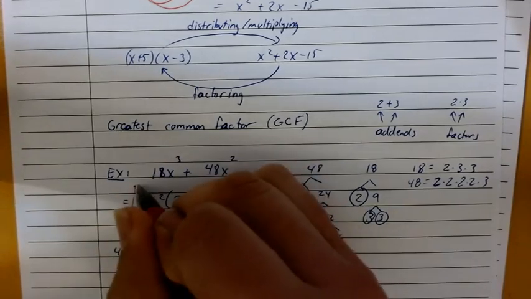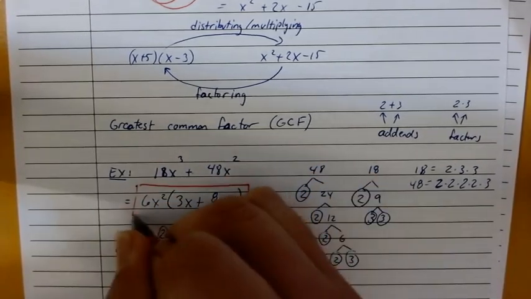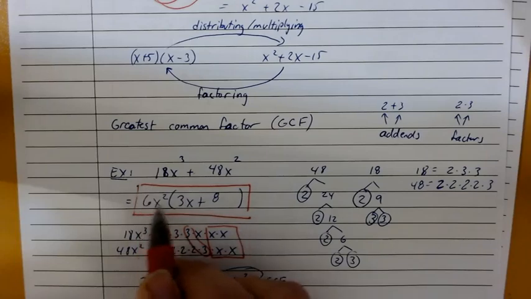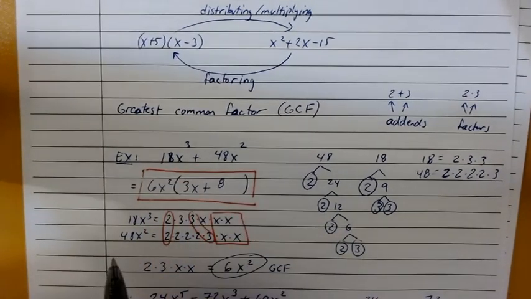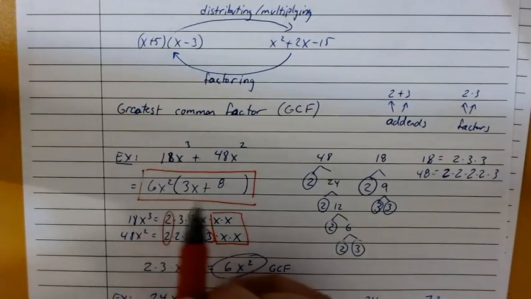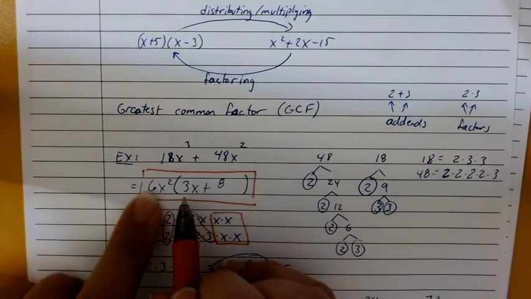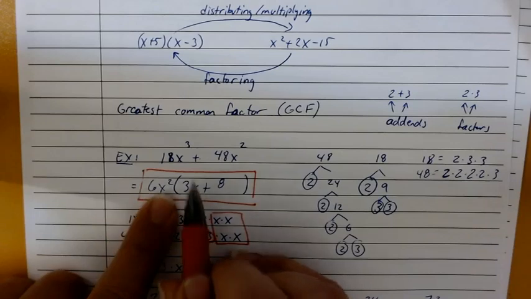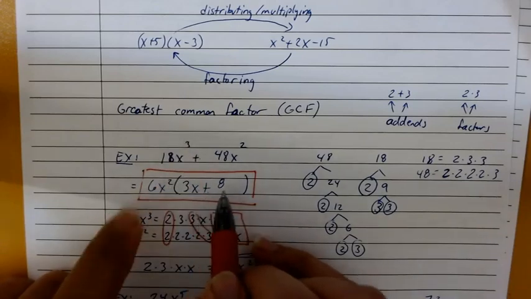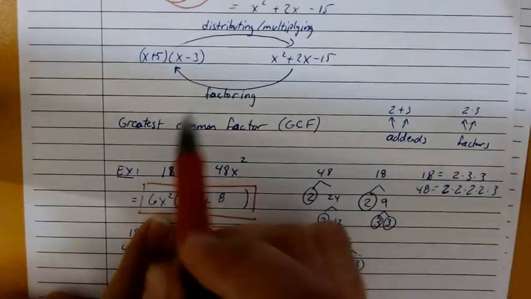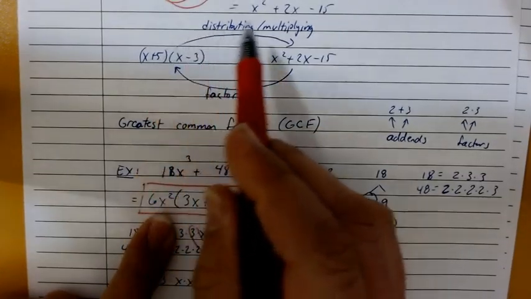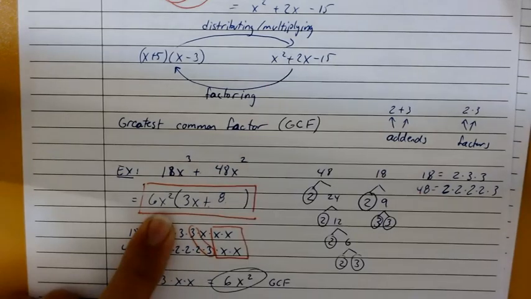The factorization is the product of the greatest common factor and what's left when you divide out the greatest common factor. Notice, if you were to multiply this back out, what would you get? You would get 18x to the third plus 48x squared, which is exactly what you're supposed to get. If you were to multiply them back out, you should get back the big polynomial.